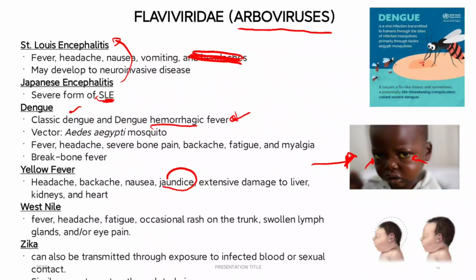So, it can be transmitted through exposure to the infected blood or sexual contact. Pwede rin itong galing syempre sa mga arthropod, sa mga lamok. Okay? Sa baba, nakasabi dyan, similar symptoms to other related viruses.